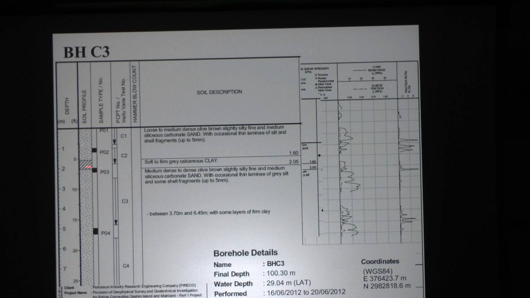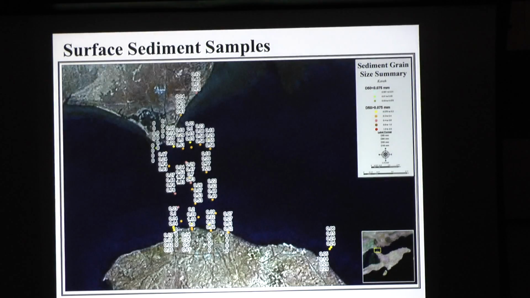And our hypothesis is that there's a firm layer of mud, and there's something about 5-6 meters of sand on top with a sand wave shape moving on this somehow firm bedrock. Okay, and this is the size of sediment in the area, something about 0.3, 0.5 millimeters.